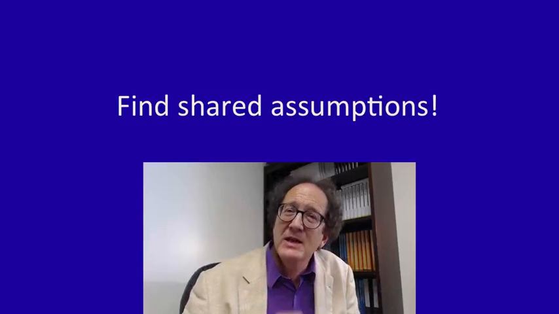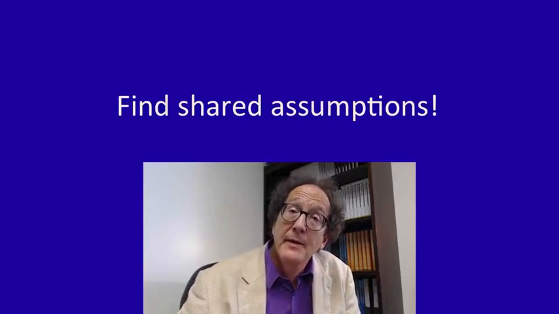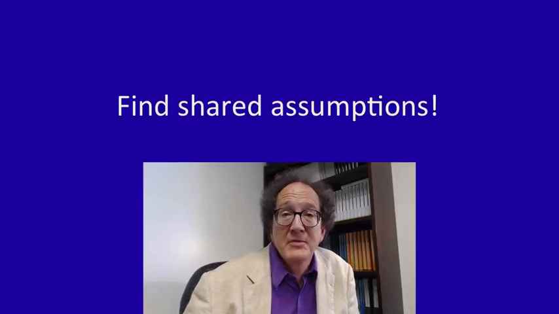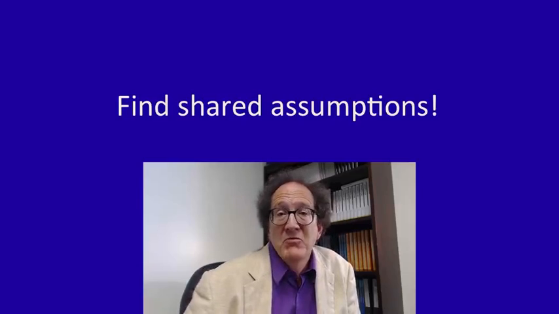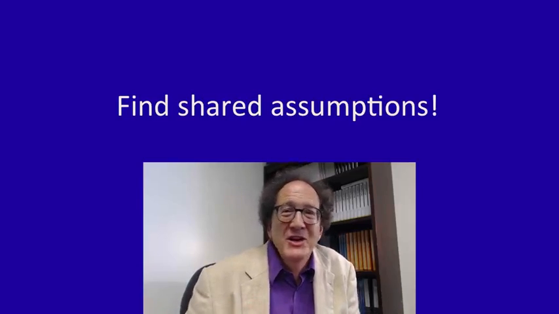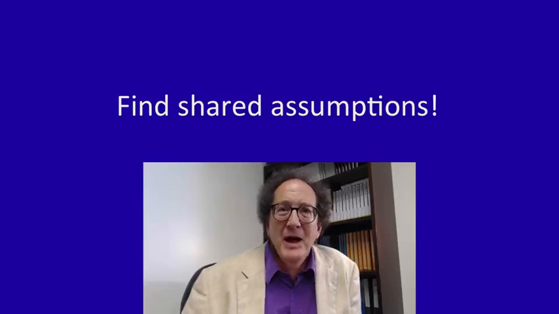And that's kind of tricky because it's going to depend on the context. If you're dealing with an audience that shares a lot of your assumptions, then argument's going to be relatively easy. But if you're dealing with an audience that doesn't share any of your assumptions, it's going to be impossible.